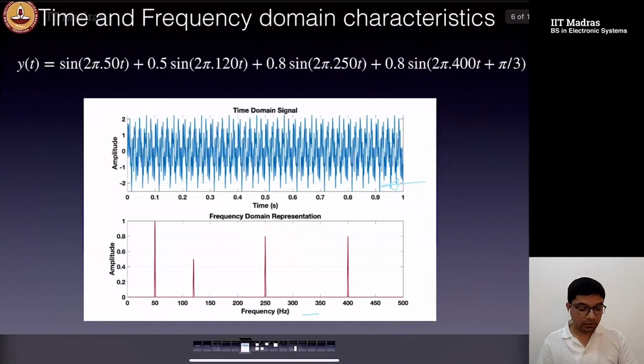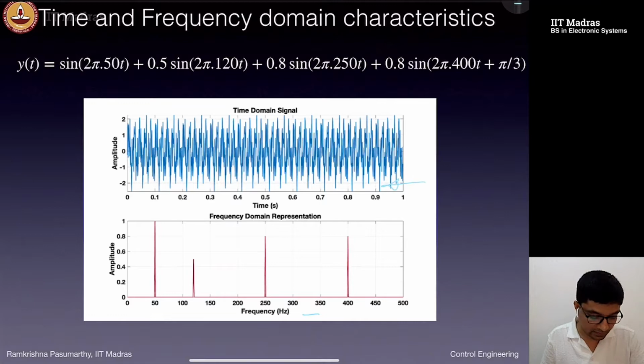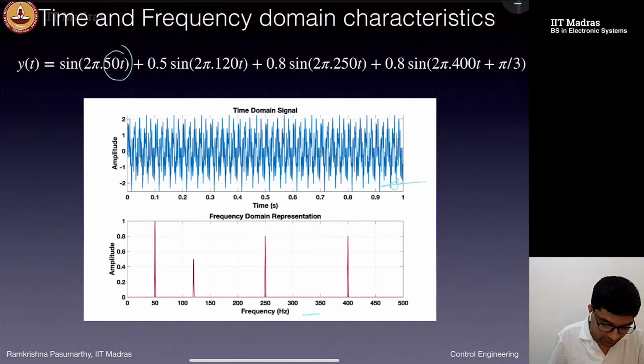Now let me go to a little more complicated signal, with several components here. The time domain looks a little more messy to analyze, whereas in the frequency domain I can largely look at how many frequency components there are. The first signal has a frequency of 50, the second has 120, then 250, and all the way till 400.